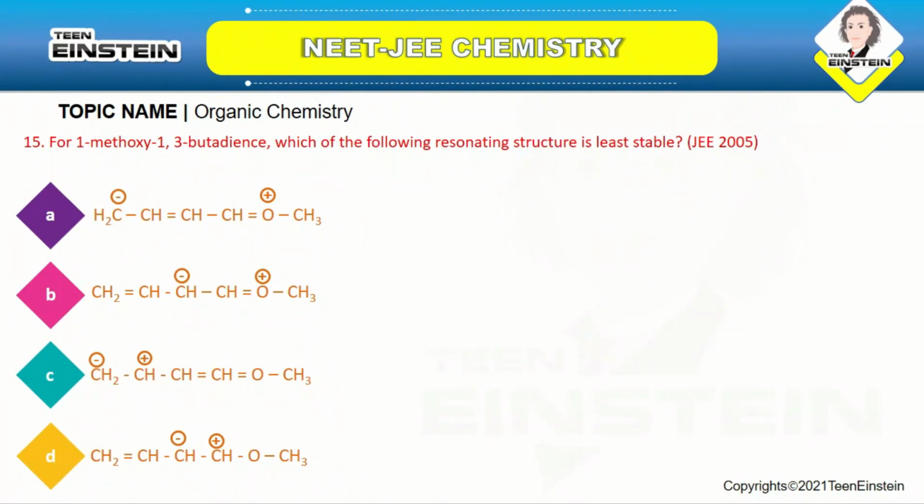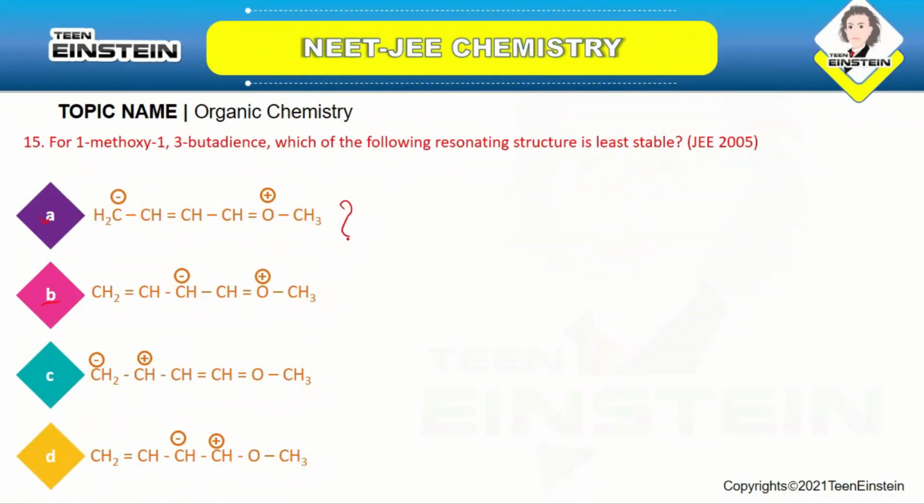While seeing options A and B, the octet of all atoms has completed. The molecule in which all atoms have complete octet is more stable than one which has incomplete octet.